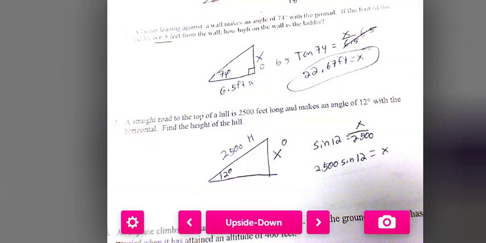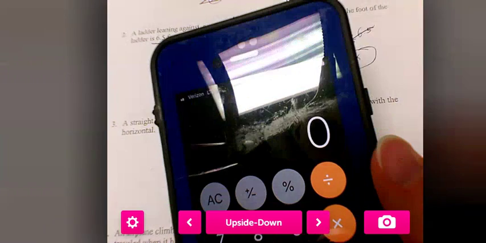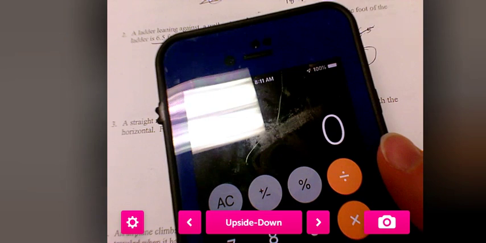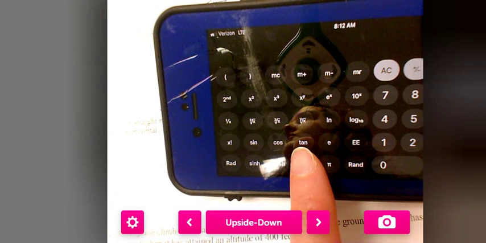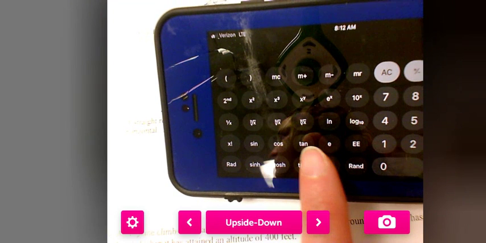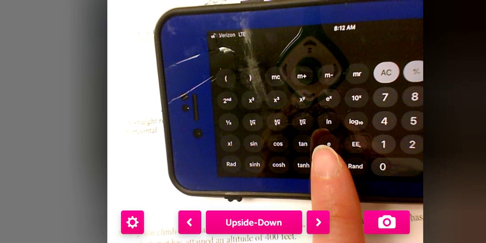I do want to point out that if you need to use your cell phone for these, like if you're at home, I said this yesterday, but some of you weren't here, so I want to make sure. If I'm on my calculator on my phone, this is an iPhone, but the Androids are very similar. If I turn it sideways, I can see that the sine and cosine and tangent come up.